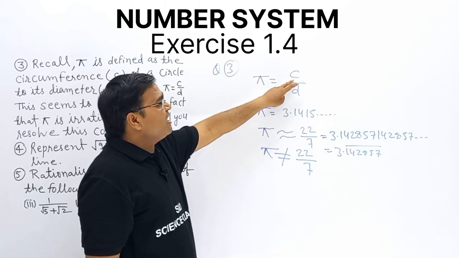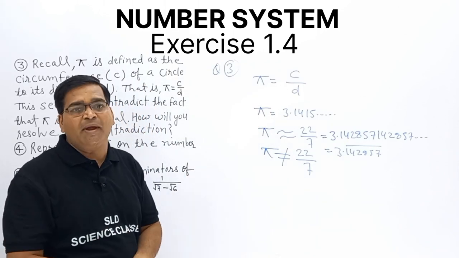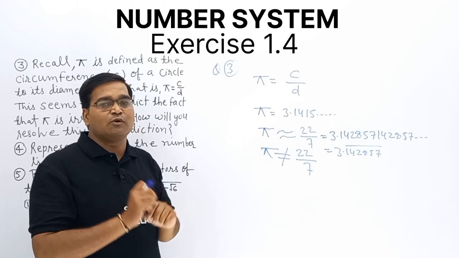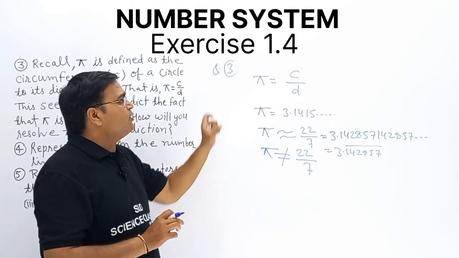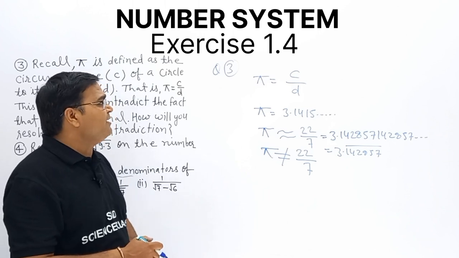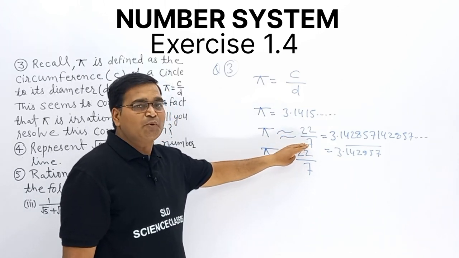Similarly, whatever C and D we are having, they may be approximate, so there is no contradiction. This is the conclusion of this question.